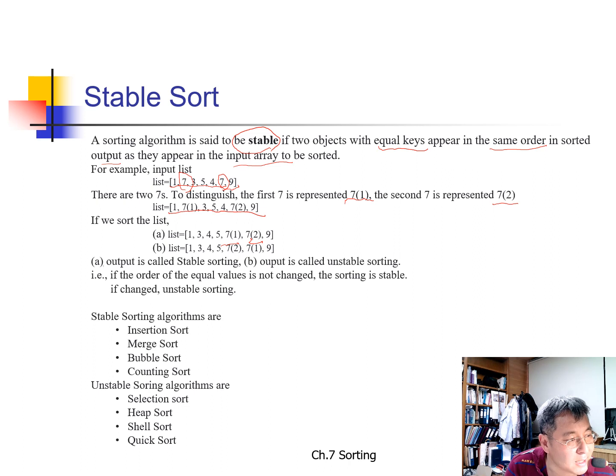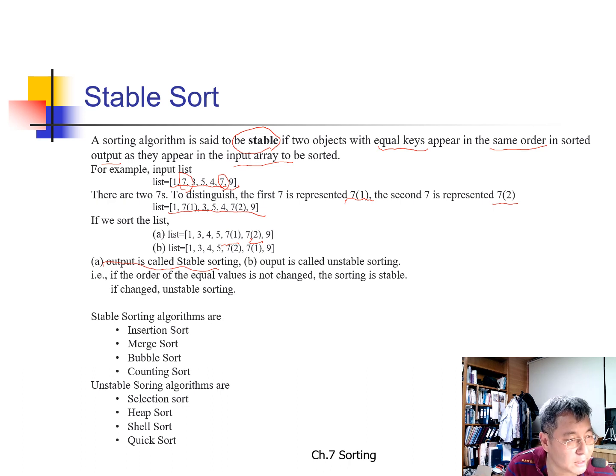So the output is called stable because 7 1 comes first in the sorted output, the same order as the input. Then the sort method is called stable.